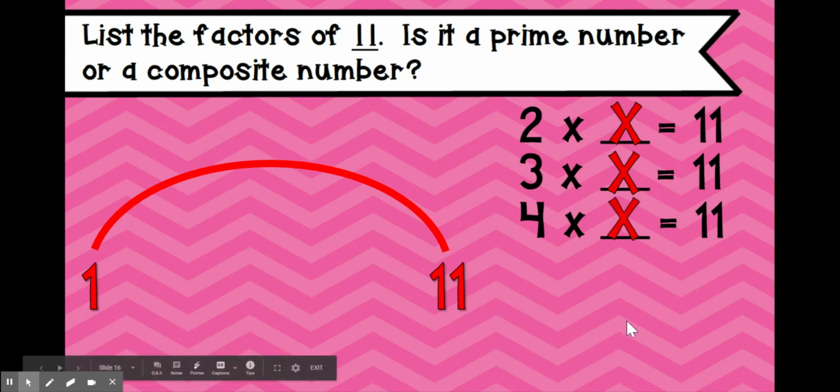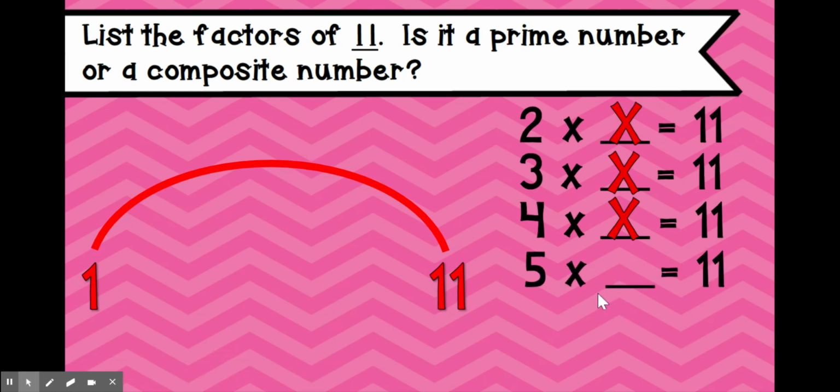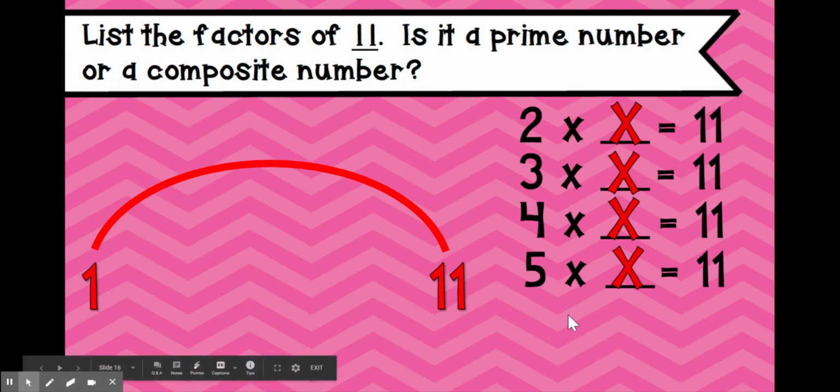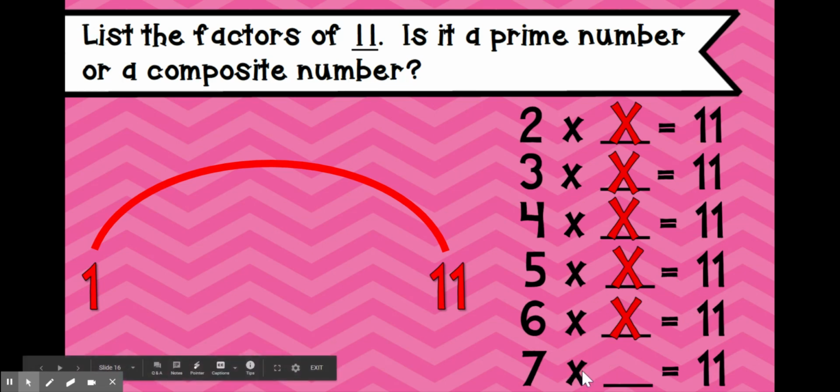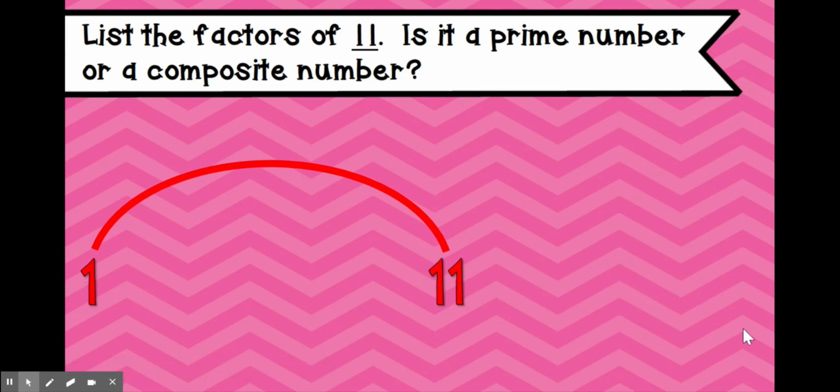No. How about 5? 5 times what factor will equal 11? No. How about 6? 6 times a factor will equal 11? No. How about 7? 7 times something will equal 11? I can't think of one. How about 8? 8 times what will equal 11?